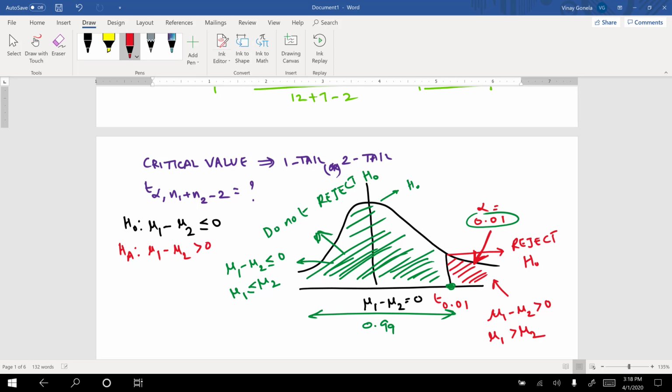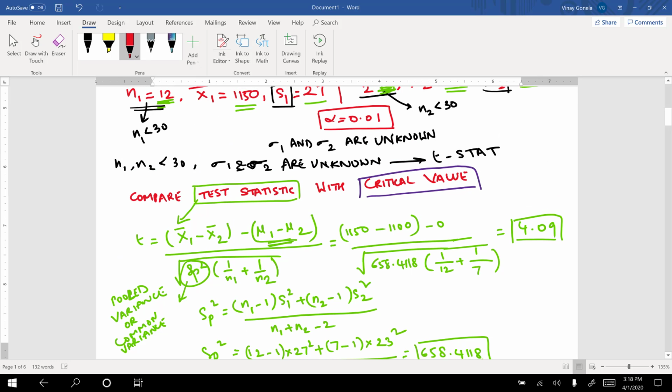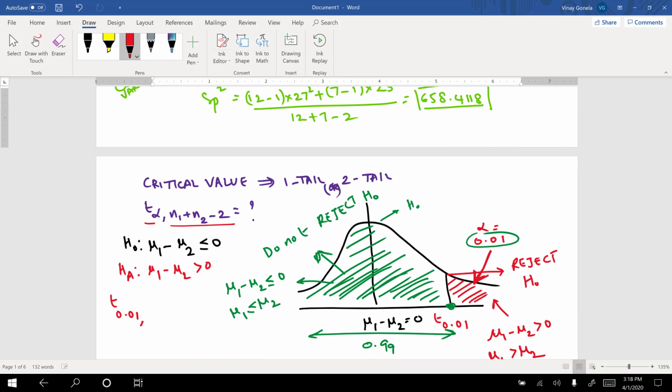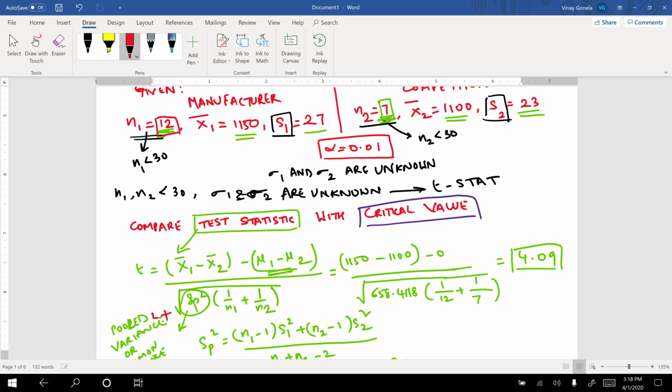I'm looking for T alpha with n1 plus n2 minus 2 degrees of freedom, where n1 is 12 and n2 is 7.